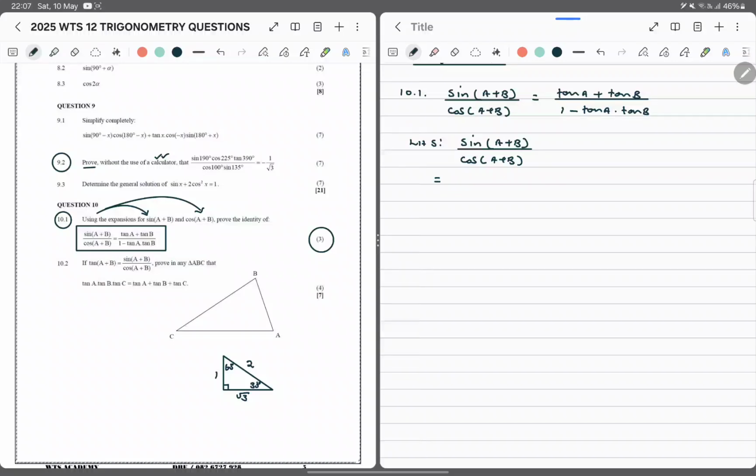This is equal to the expansion using identities: sine of the first angle times cos of the second angle, the sign remains, cos of the first angle times the sine of the second angle, all divided by cos of the first angle times cos of the second angle, sign changes, sine of the first angle, sine of the second angle.